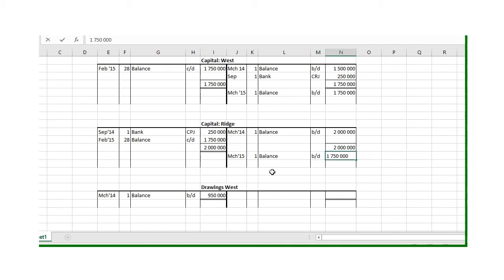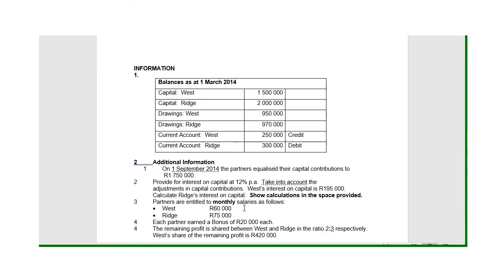So now you can see their balances are the same, both 1,750,000, and that is what the instruction said.